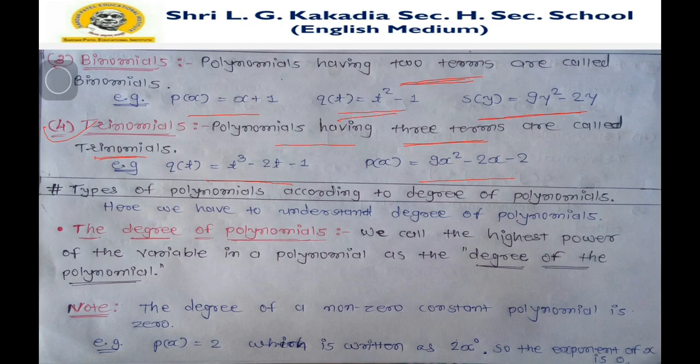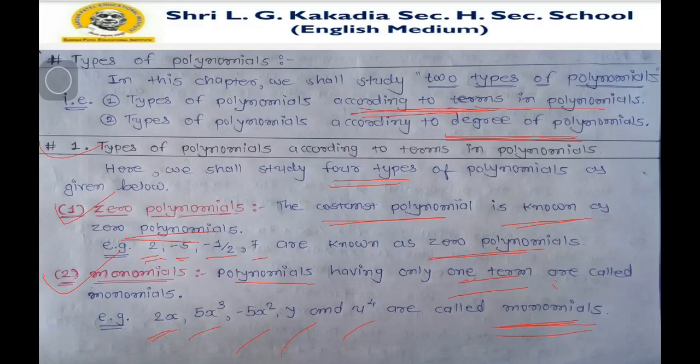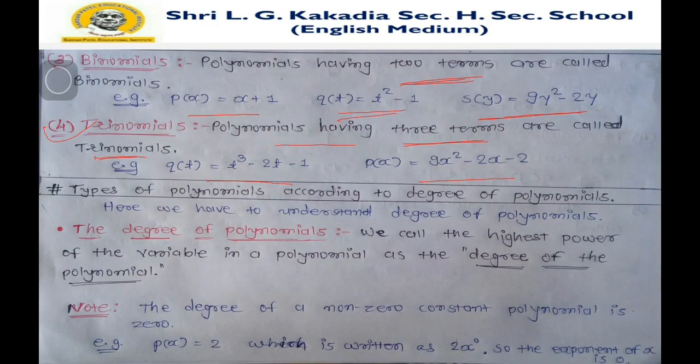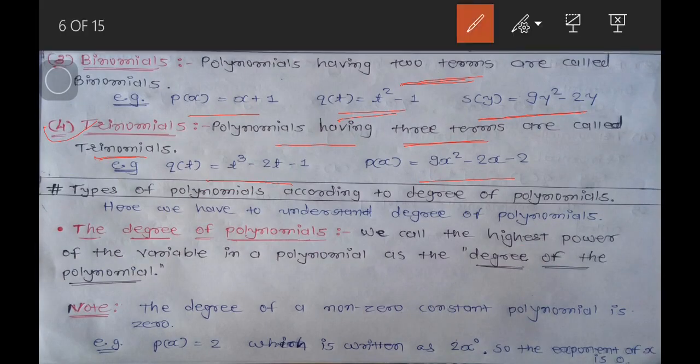Now we will study the types of polynomials according to degree of polynomials. First of all, we have to understand what the degree of a polynomial is.